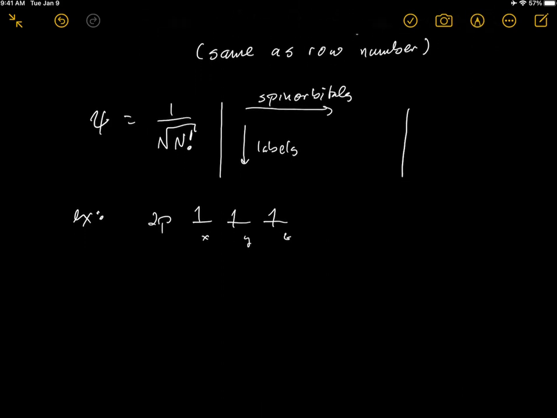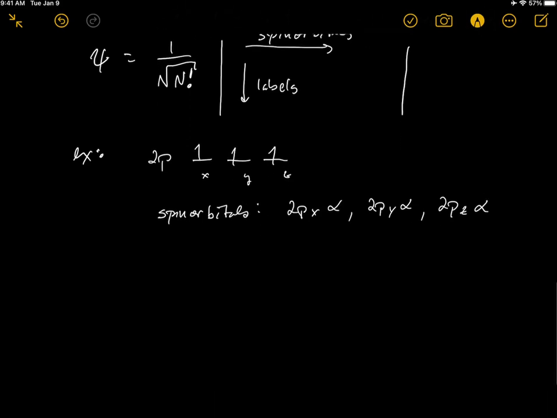So the spin orbitals, based on this occupancy diagram, are 2px alpha, 2py alpha, 2pz alpha.